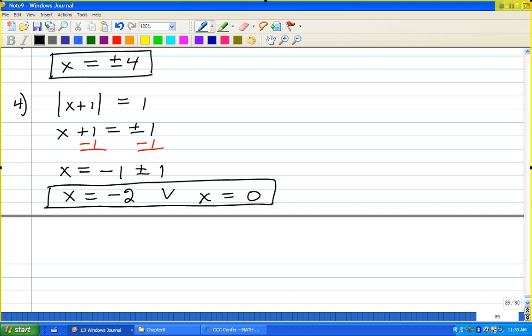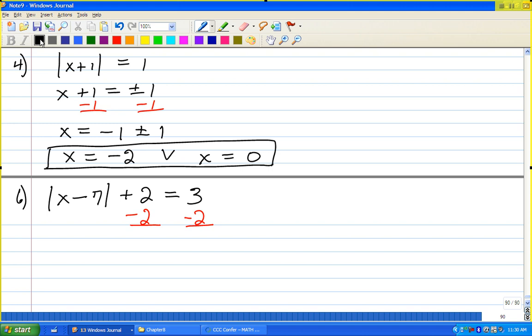Let's do problem number 6. The absolute value of x minus 7, plus 2, equals 3. The first thing that you should do when solving an absolute value equation is to isolate the absolute value. So let me subtract 2 from both sides of my equation. So the absolute value of x minus 7 is equal to 3 minus 2, which is 1.